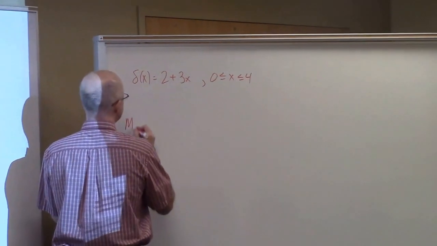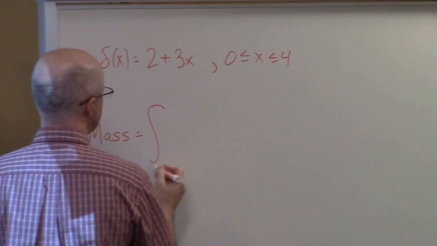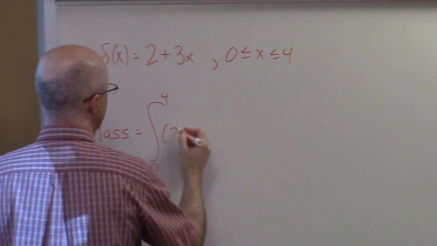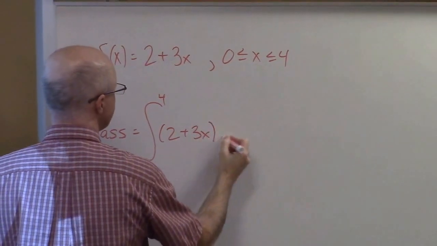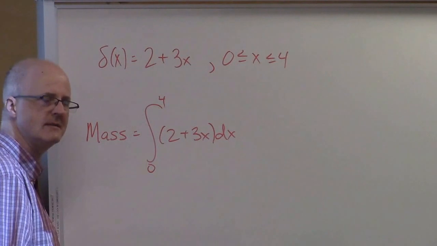So the total mass, then, I'm going to find by integrating this function from 0 to 4. And I made it a pretty easy integral. Even if I made that quadratic or cubic, it still would be pretty easy.